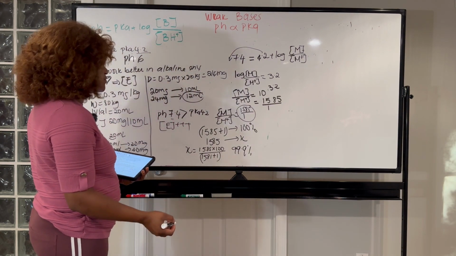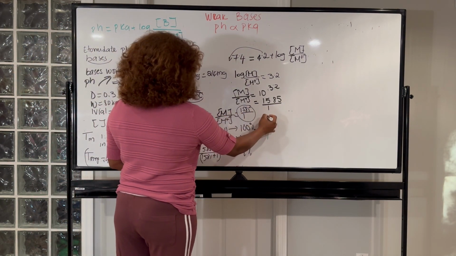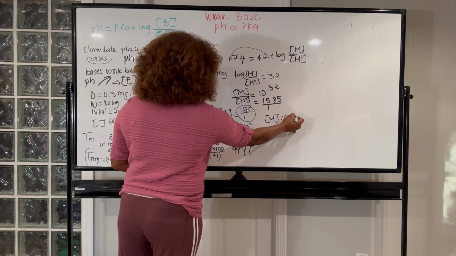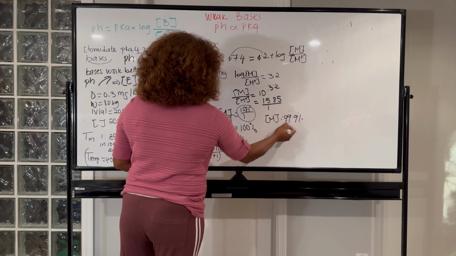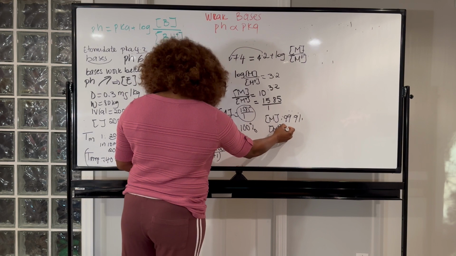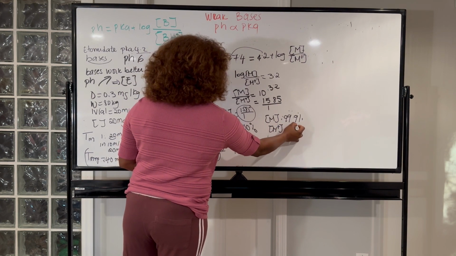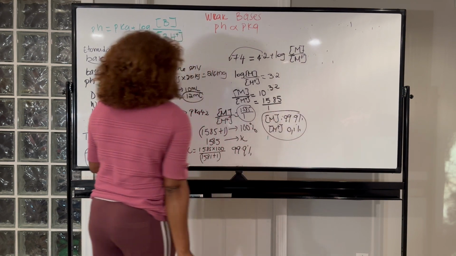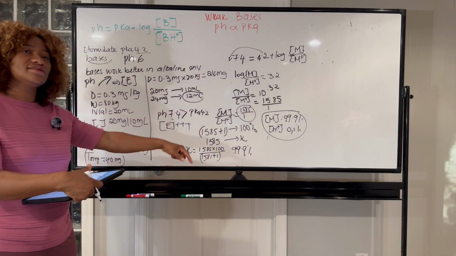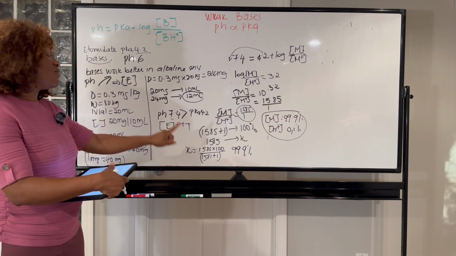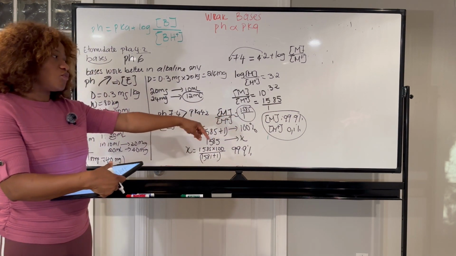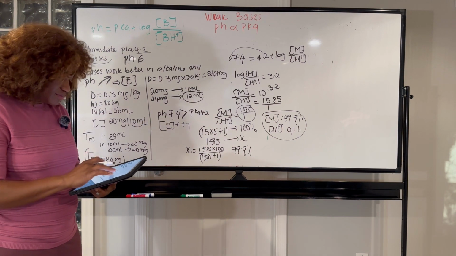So 99.9% is gonna be non-ionized form, and the ionized form is gonna be 0.1%. So as the pH is increasing to an alkaline environment, our weak base is gonna be working better, and we have more non-ionized portion of the drug.